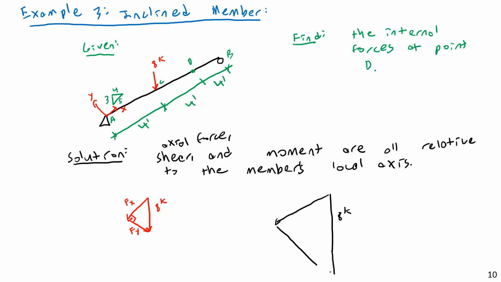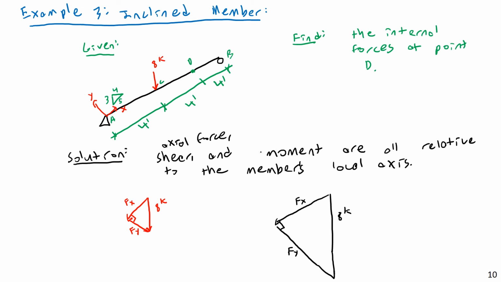Okay, 8 kips, and then this is a right angle, and this is my Fy, and this is our Fx. So we need to find a way to convert this 3-4-5 into that.